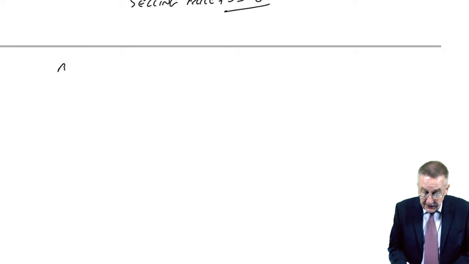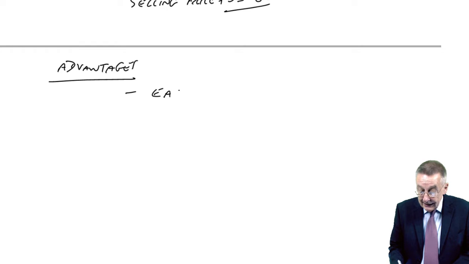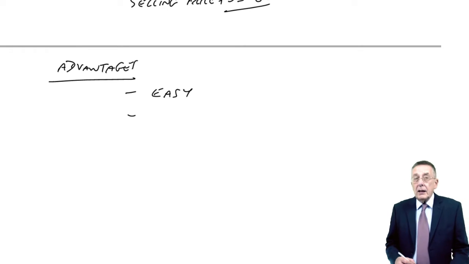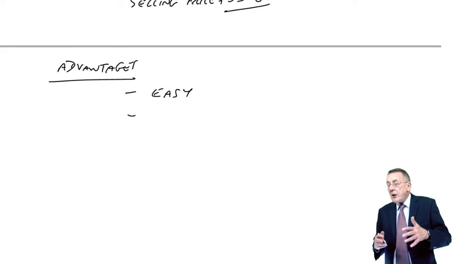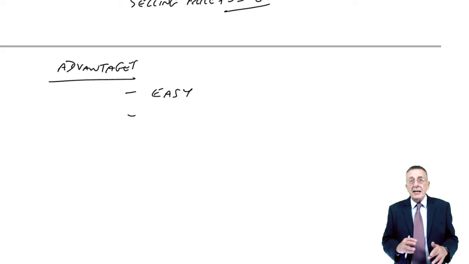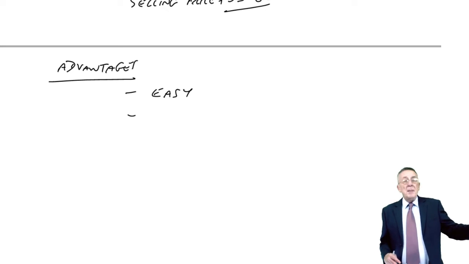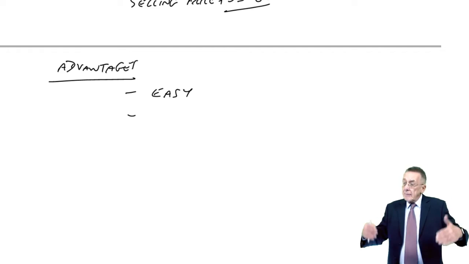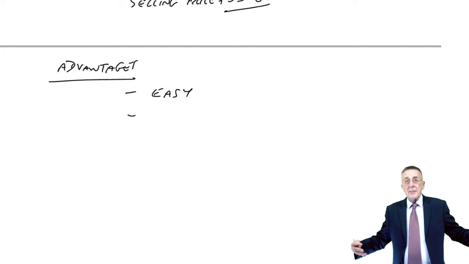The advantages are, of course, it's easy. That's not a very good reason for doing something, but where it can be particularly useful is if we're making lots and lots of different products, then we can have a standard policy for all of them.